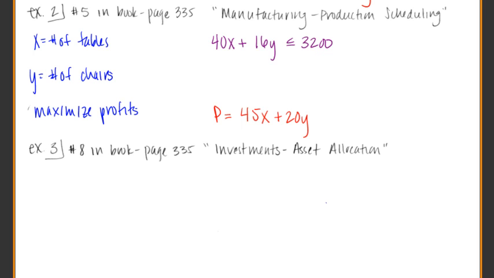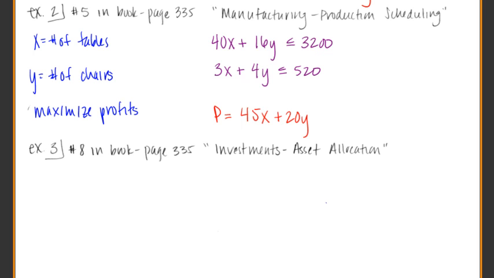All right, and the last part says it has 520 labor hours. So let's go back up and pick out the labor hours. Each table requires 3, so 3 labor hours per table plus 4 labor hours per chair, and we have a grand total, so it has to be at most 520 total labor hours that we're going to use. Okay, so 2 inequalities right there.